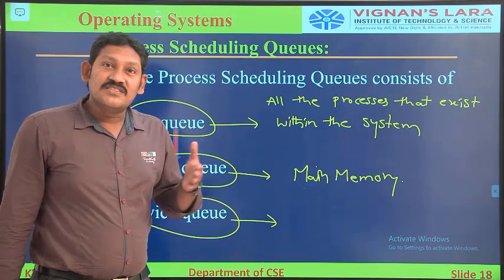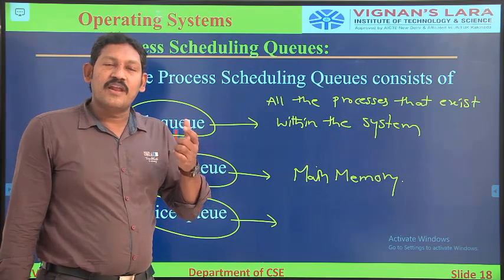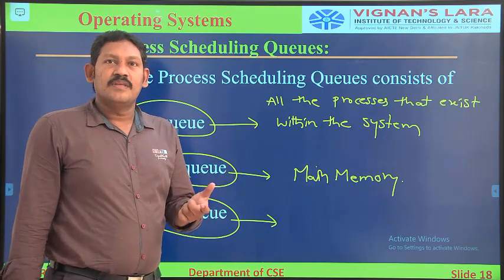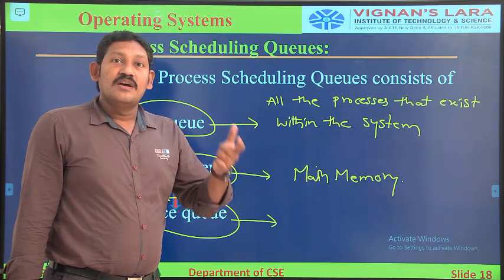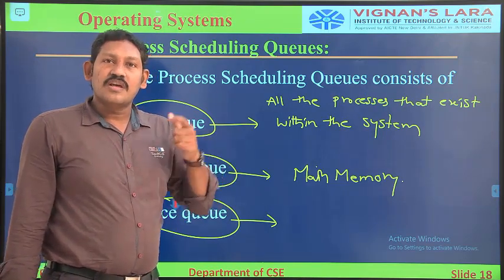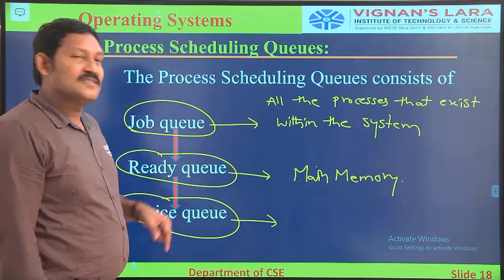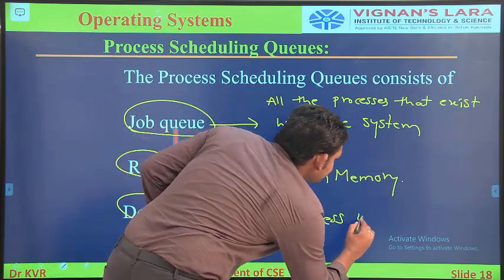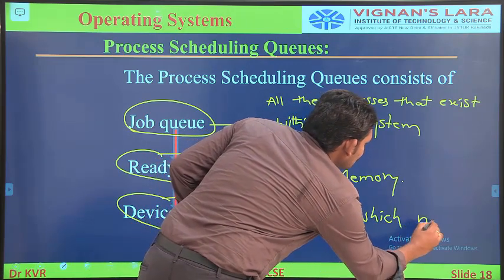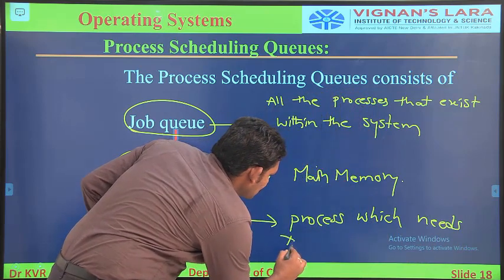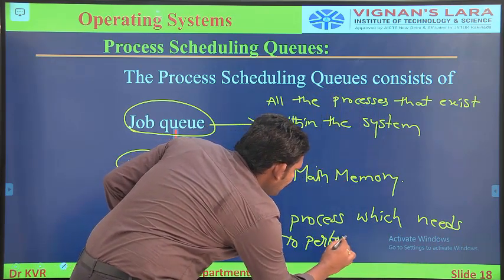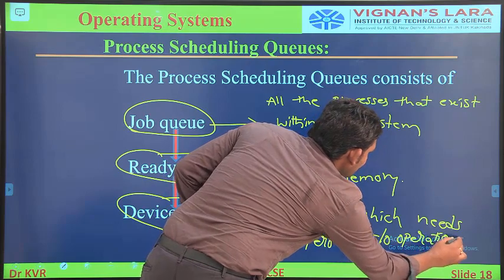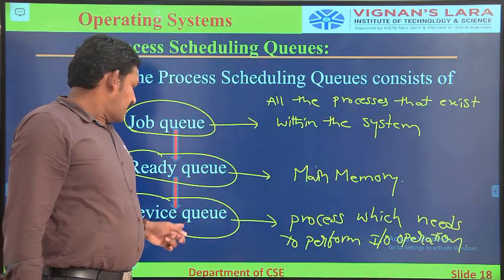When a process is under execution, meanwhile if it needs to perform any IO operation, those processes which are supposed to undergo IO operations will be kept in this device queue.